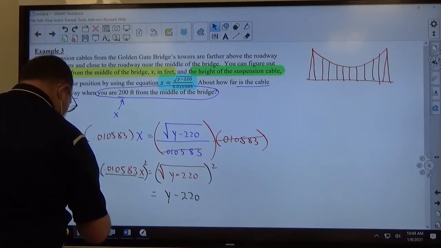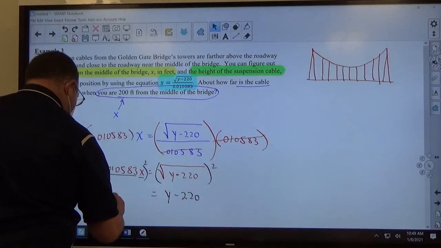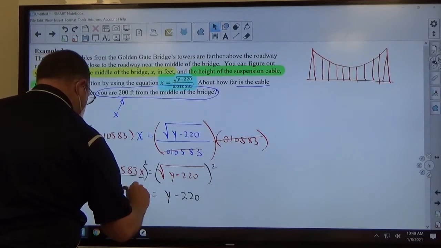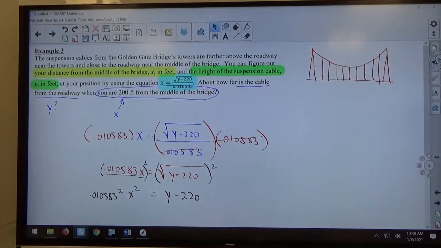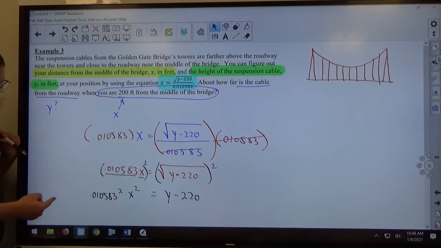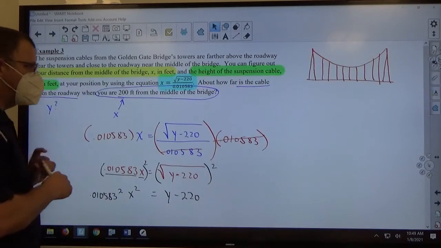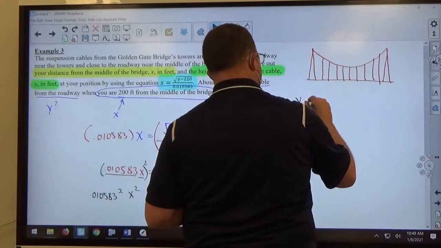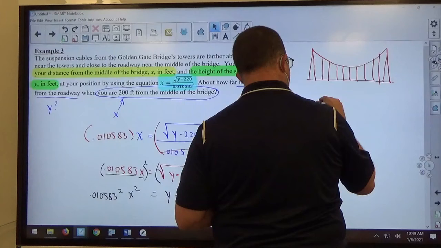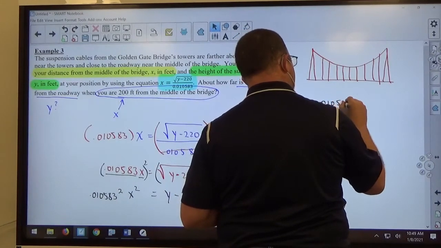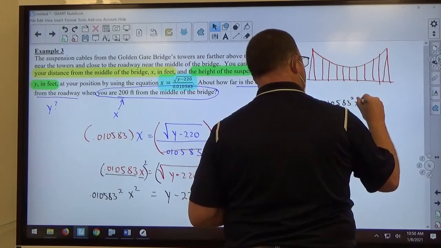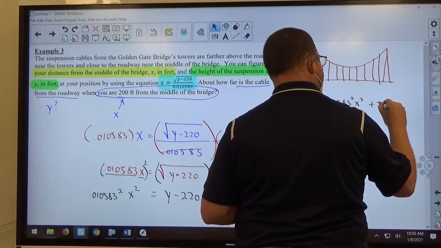So I'm going to write 0.010583 squared x squared. Pretend I don't have a calculator at my disposal right now, so I'm just going to write down what I'm supposed to do. And then finally, if I want to say y equals, I got to move the 220 over here, right? So I end up with y equals 0.010583 squared x squared plus 220.